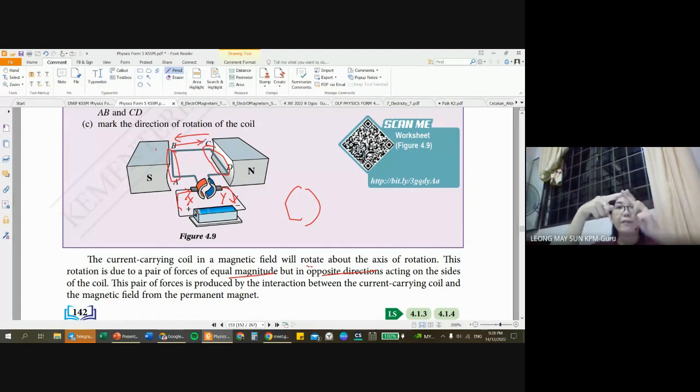There will only be a force when the magnetic field and the current are at 90 degrees, or even a slight angle. But in SPM, we talk about a full 90 degrees. So this pair of forces is produced by the interaction between the current carrying conductor, the temporary magnet, and the magnetic field from the permanent magnet.